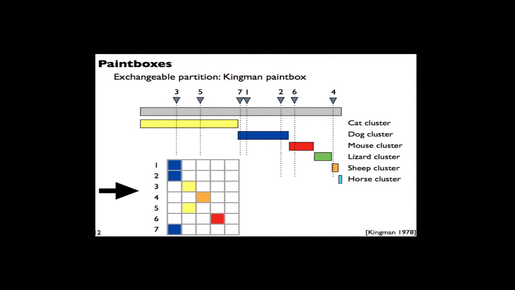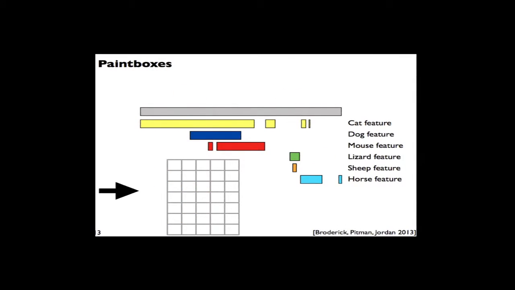But then, of course, there's this very natural generalization when you see it this way. What if I have some arbitrary subset now for each group? Then we'll call this set of subsets the feature paint box instead of the Kingman paint box.